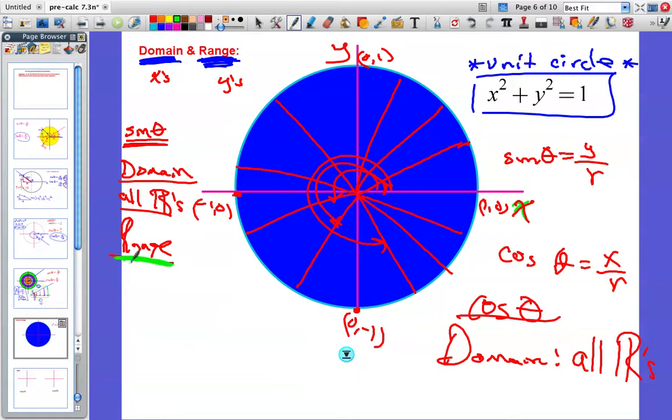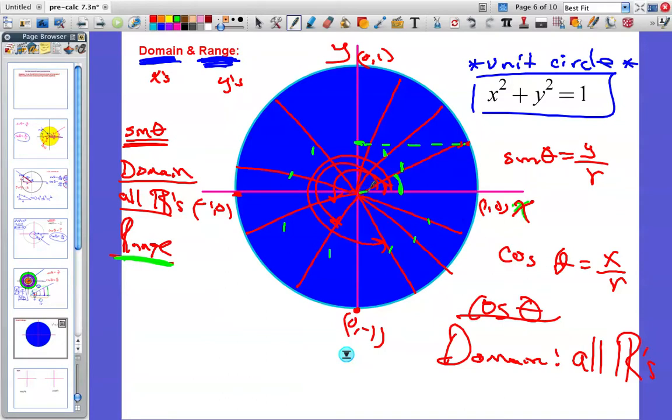The range deals with the y values of your answer. So think about as we go around this circle right here. If I pick this angle right here, here's the y value that gets associated with it. Remember, the r value on all of these is 1, because it's a unit circle. So really then I'm talking about the sine being the y value.